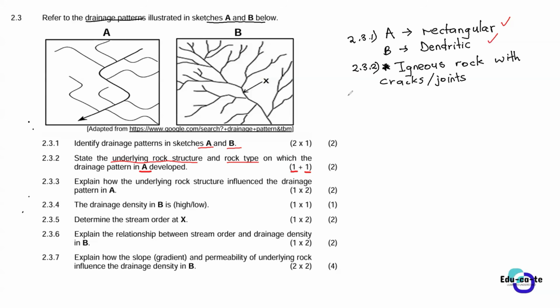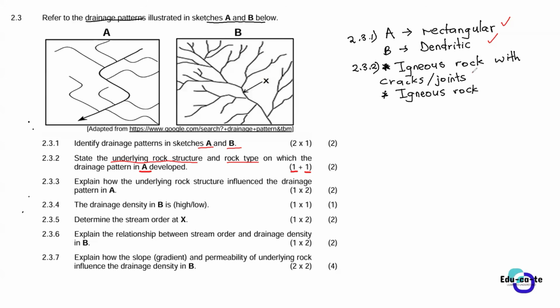So basically you say that this pattern is formed where there is igneous rock with cracks and joints, but also mention the type of the rock. It is igneous rock, since it adds 2 things. The mark allocation is saying that it's going to mark 2 things, 1 mark each. So make sure that you mention that it's igneous rock. That's the type of the rock in which this type of a rectangular pattern develops.